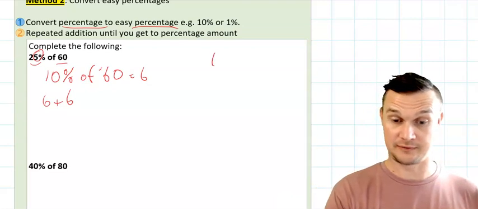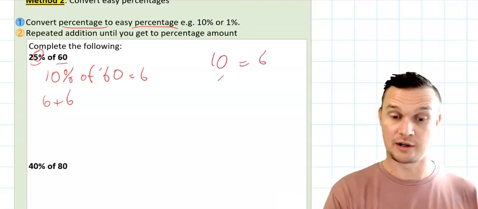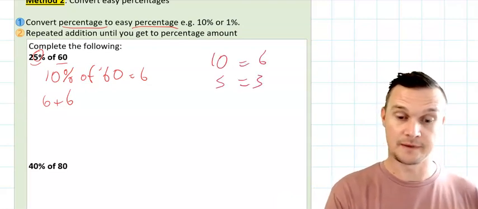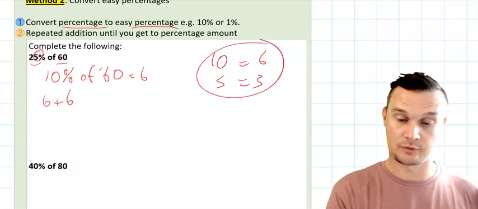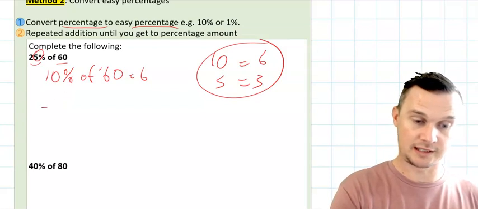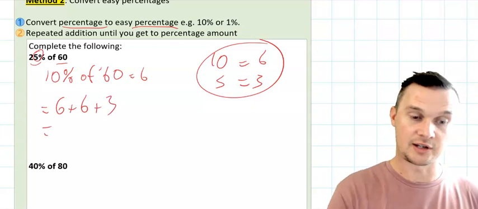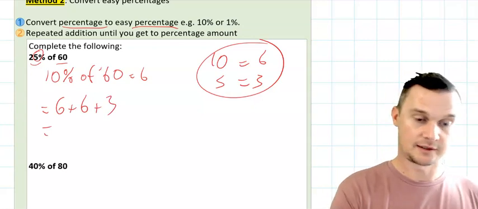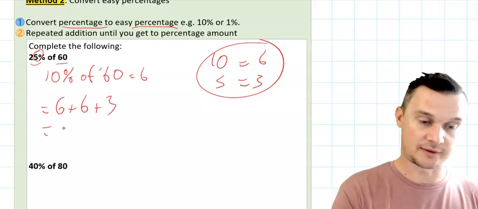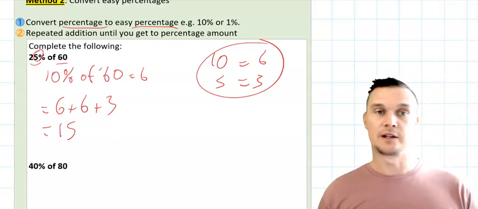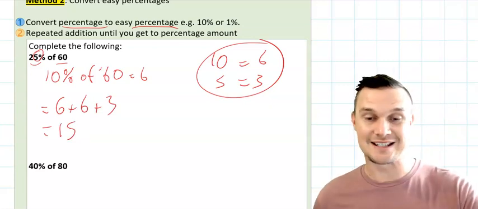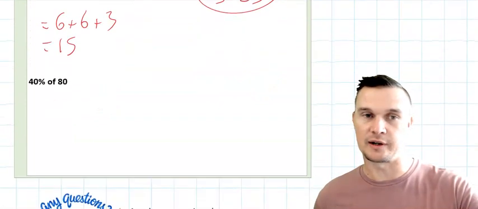I know that if 10% equals 6, 5% will equal 3. So now I've got my simple processes here. I can add these together. So 6 plus 6 equals 12, plus 3 equals 15. So that's how you do converting to easier percentages, and you just need to find a simple one there.